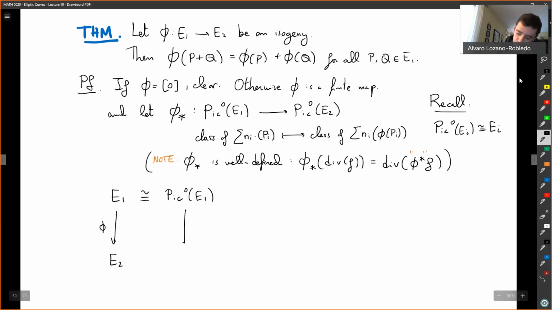I have a phi lower star that goes to Picard of E2, and this is also an isomorphism. And this diagram actually commutes.